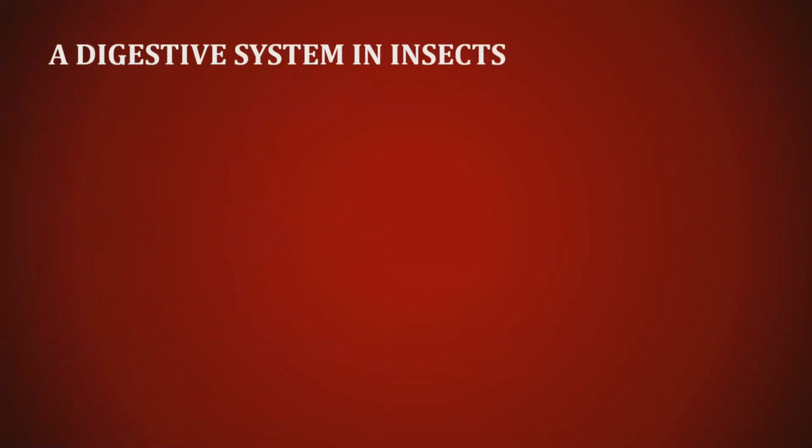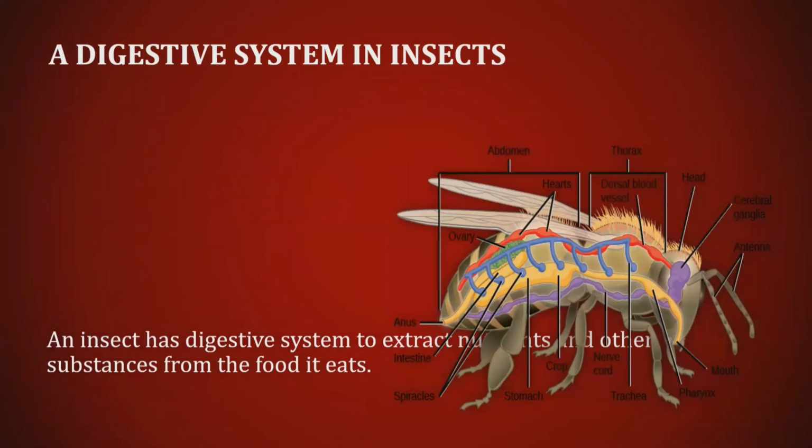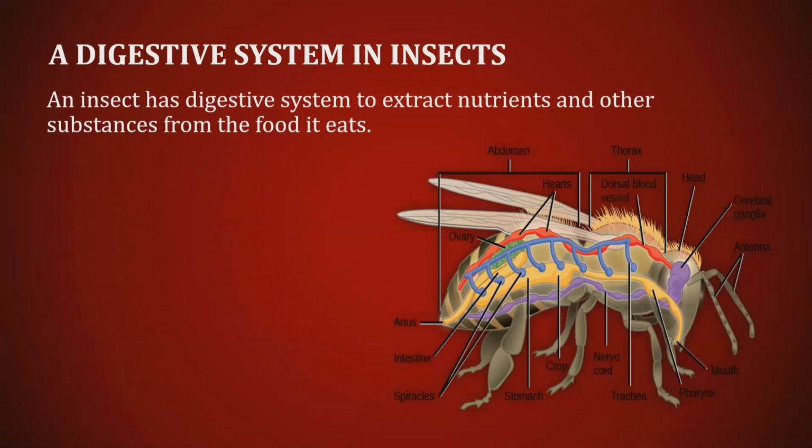Our next is the digestive system in insects. An insect has a digestive system to extract nutrients and other substances from the food it eats.